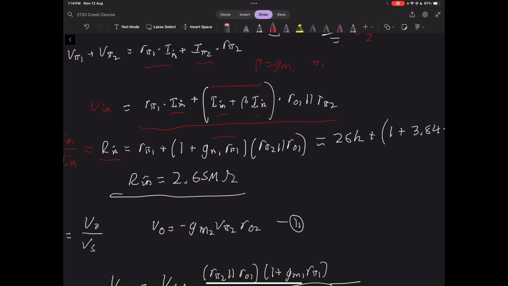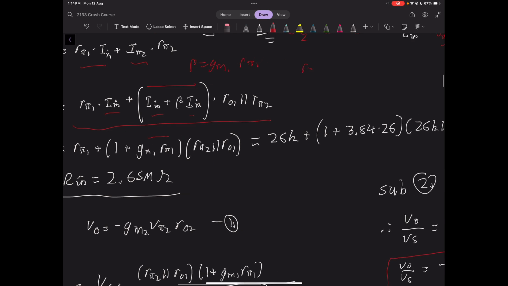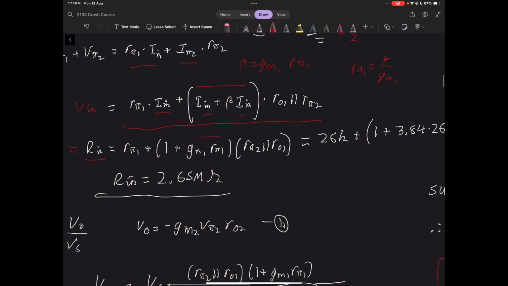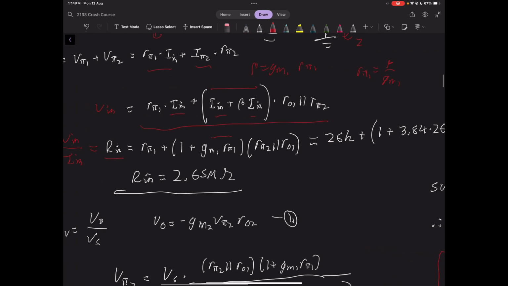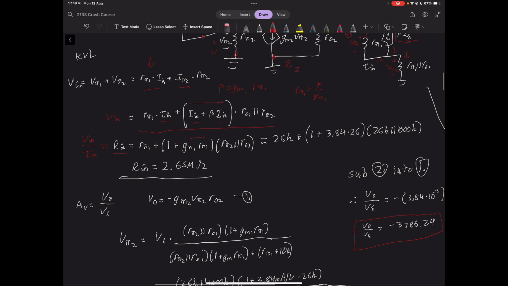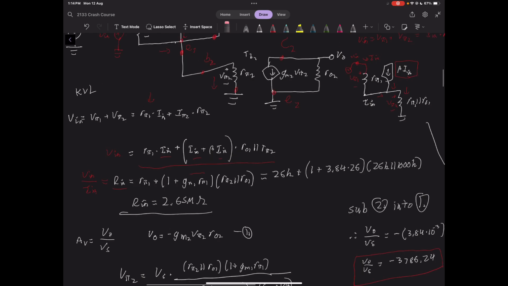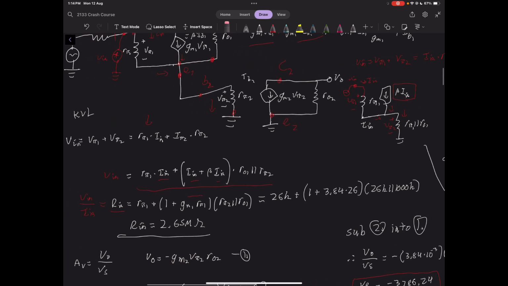That's just from the formula. Hopefully you know that R pi 1 equals beta on gm. So then we can substitute out beta there, or you can leave it as beta. And then that's our values, and that gives us our equivalent input resistance. We'll be doing a lot more of these circuits with these kinds of approximations, so hopefully it'll become a bit more clear, but that is how you get your input resistance.